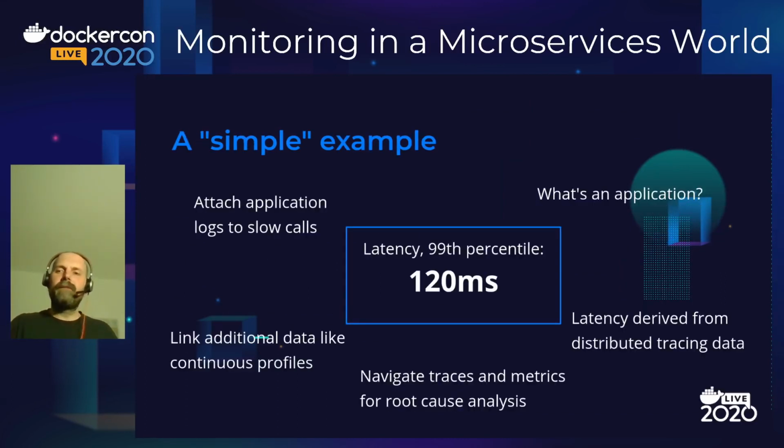So now that we had a quick introduction to the underlying data that's typically used in application monitoring systems, let's look at an example and see how this data plays together. The example here that I came up with is this big box in the middle saying 120 milliseconds.